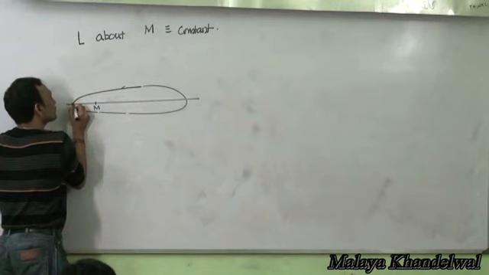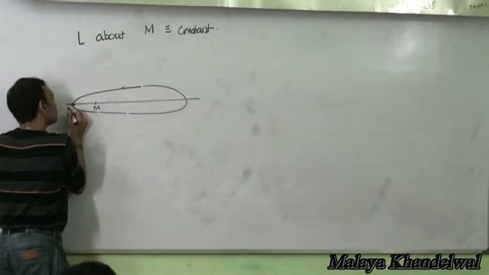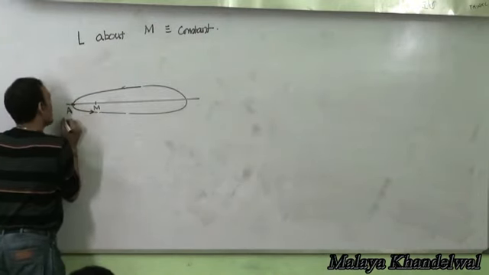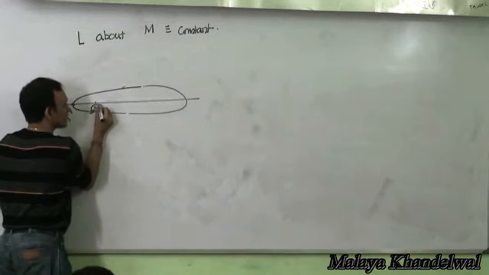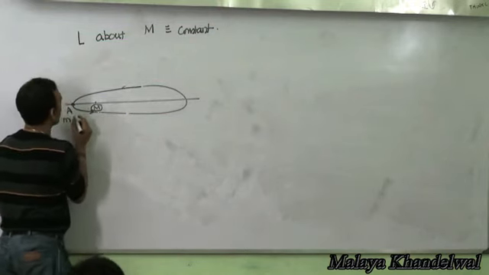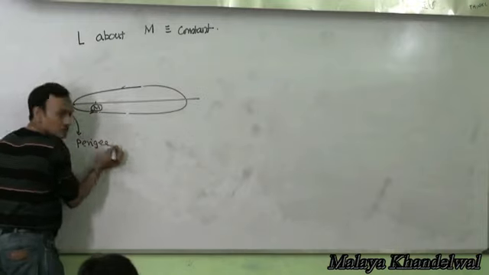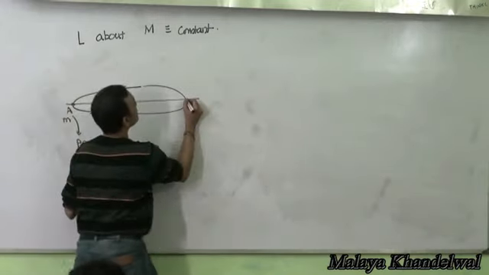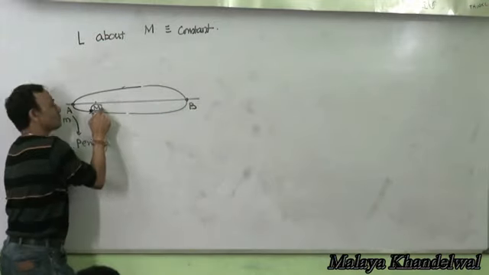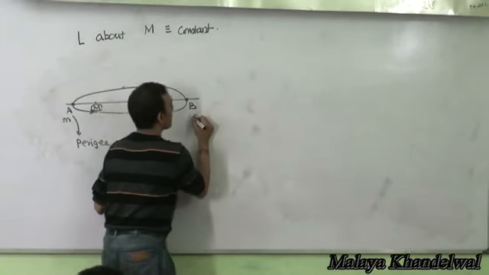Very clearly, this is the point A, where the mass small m is closest to the sun or any other gravitating mass, and this point A is called the perigee. And this point B, where it's farthest from this mass, is called the apogee.